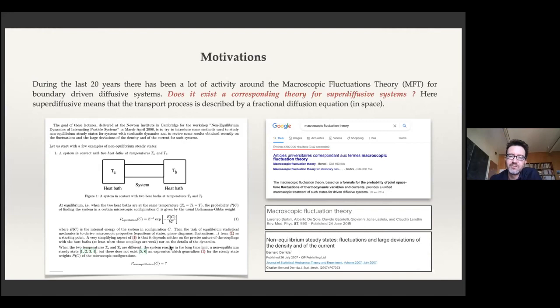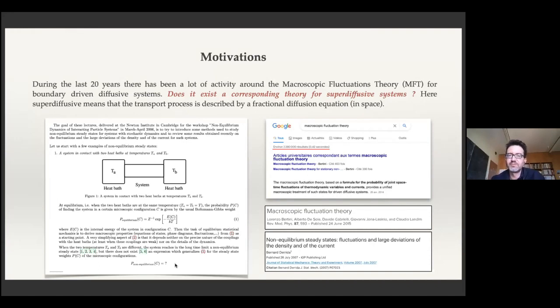In fact, to understand the non-equilibrium stationary state of a diffusive system in contact with reservoirs, by using large deviation theory and hydrodynamic limit theory, you can have a definition of the non-equilibrium free energy. I will be more precise a bit later.